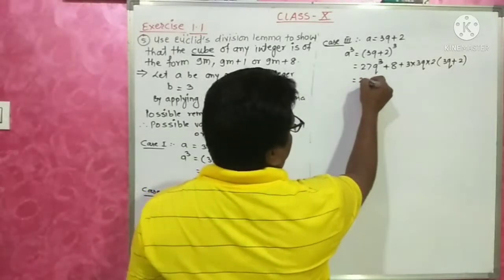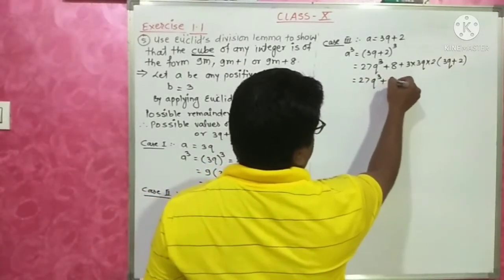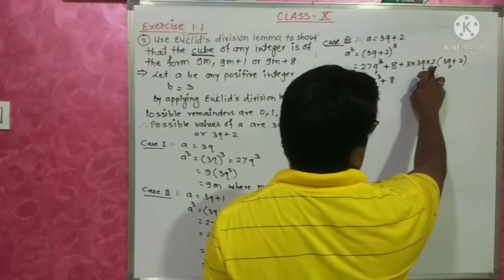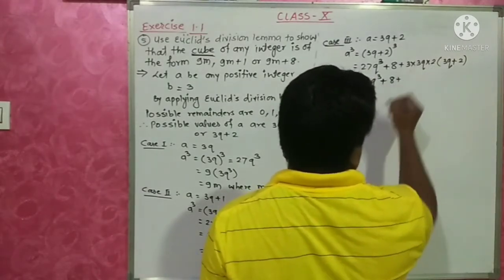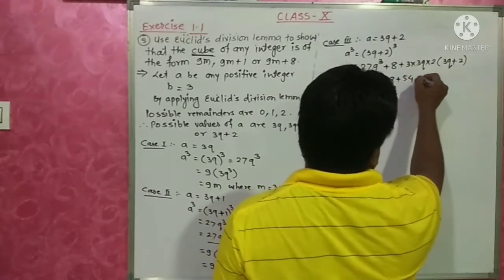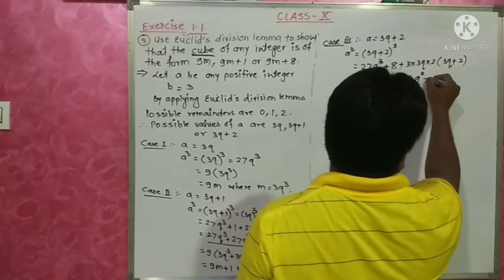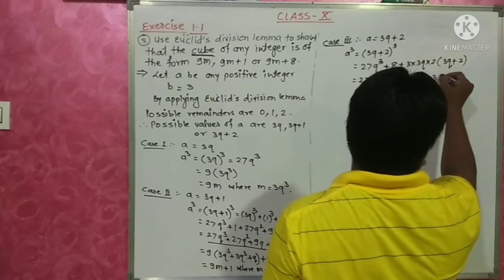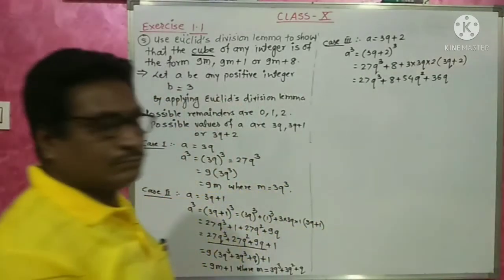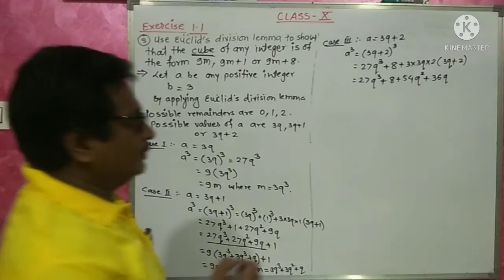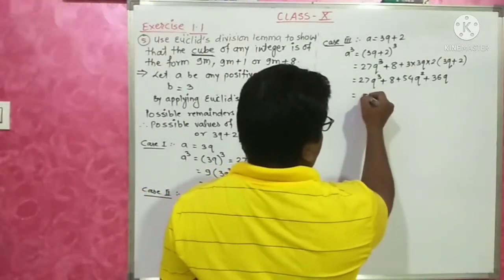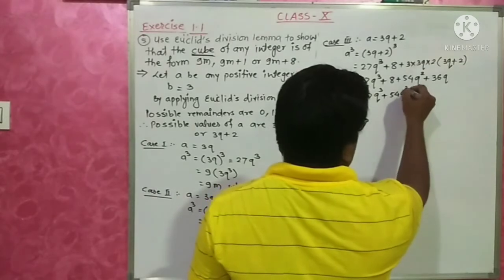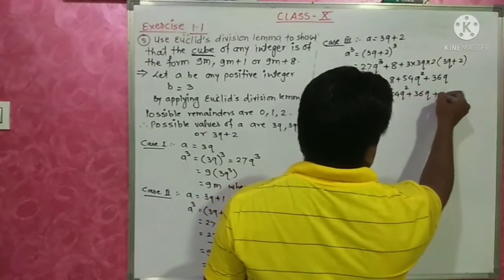So what will we get? 27q cube plus 8. Now here 9 into 2, 18 into 3, 54q square, plus 18 into 2, 36q. Understood? So now 27q cube plus 54q square plus 36q plus 8.